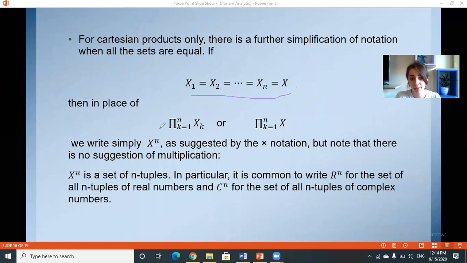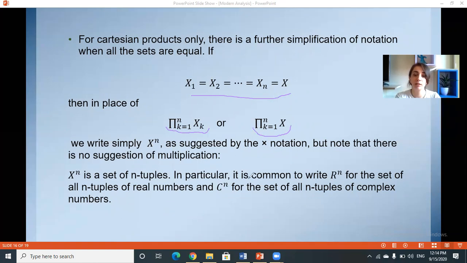Then in place of the Cartesian product, we can write like that, the Cartesian product of xk, or just the Cartesian product of x. We write simply x to the n. It means that we have n equal sets, as suggested by the cross product.